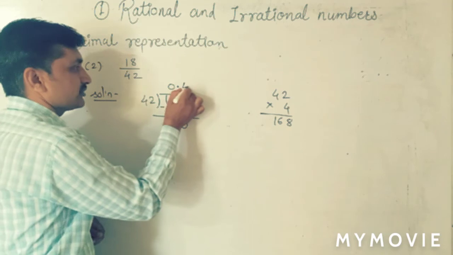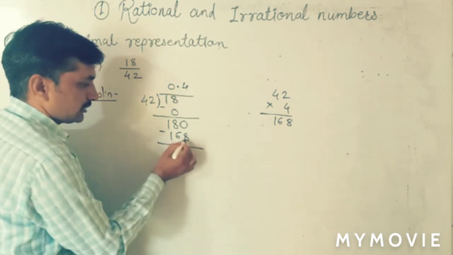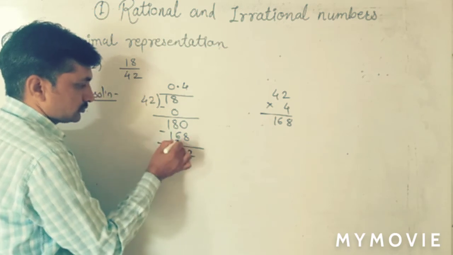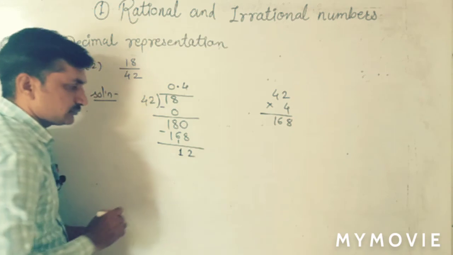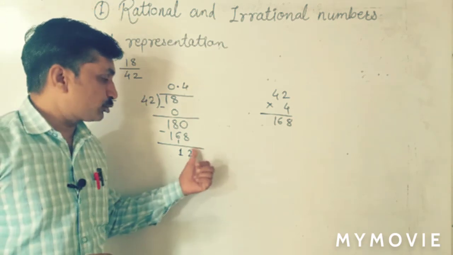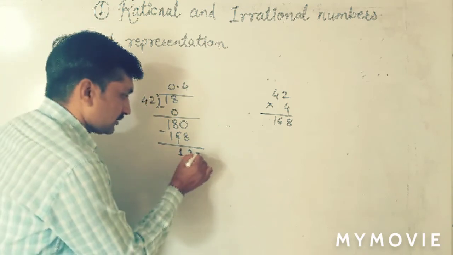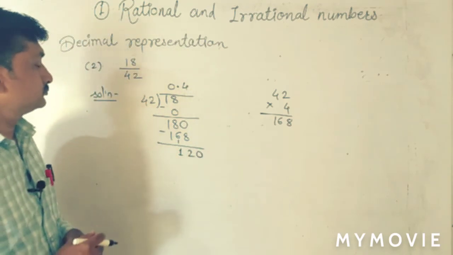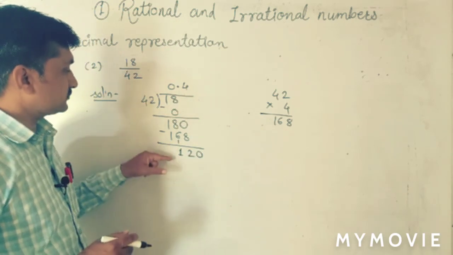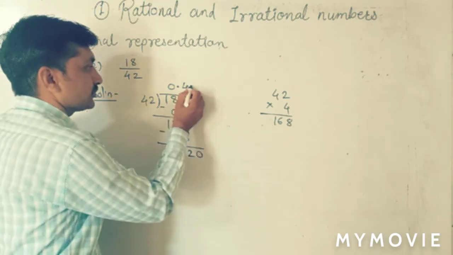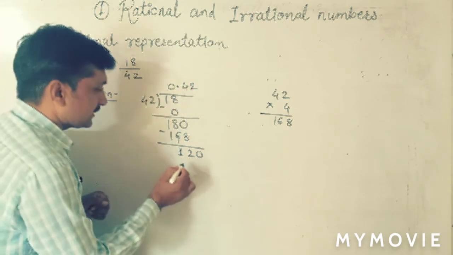Right? Then 4s are here, 168. Subtraction, 10 minus 8, 2, 18 minus 17, 1, 12. Now here we have to take 0, but don't put the point again, once only. Continue now. 42 4s are is 168, 3s are also bigger, 2s are. 42 2s are means double of 42, 84.